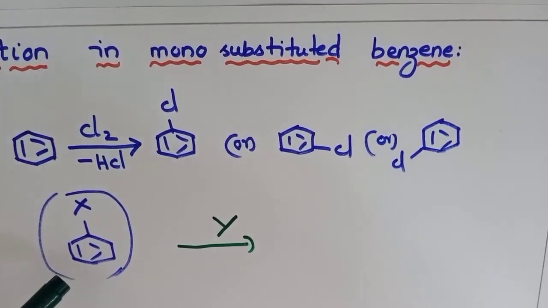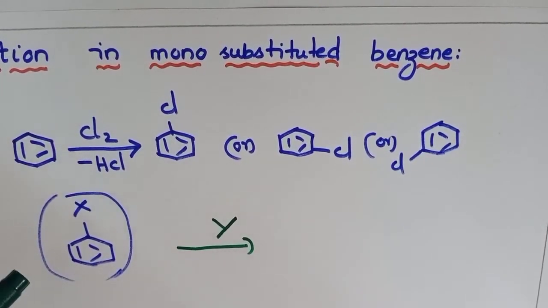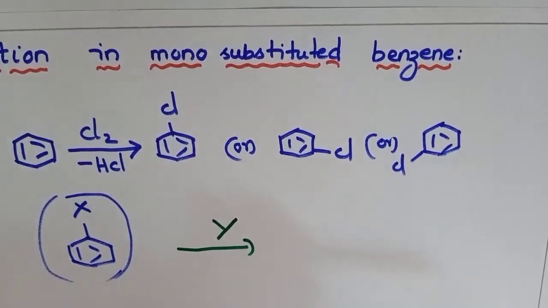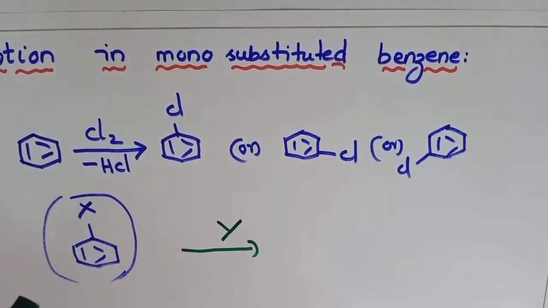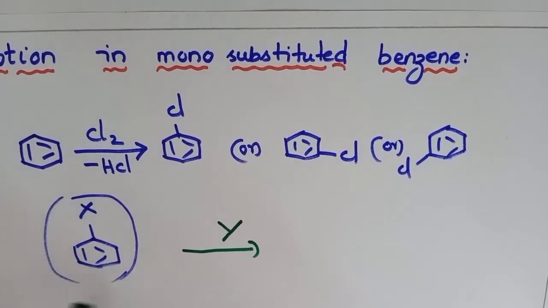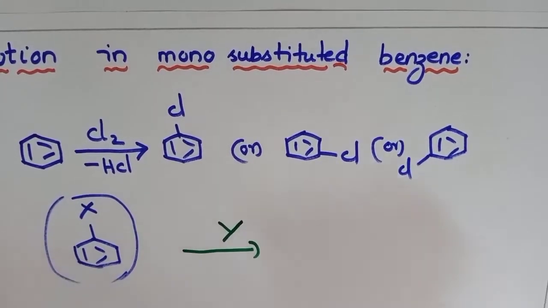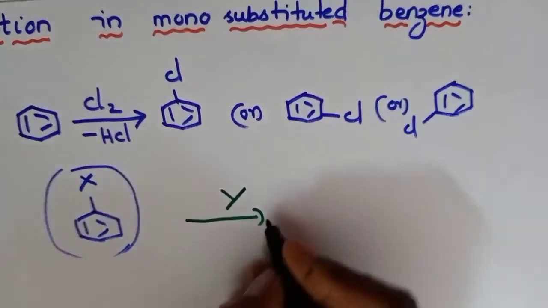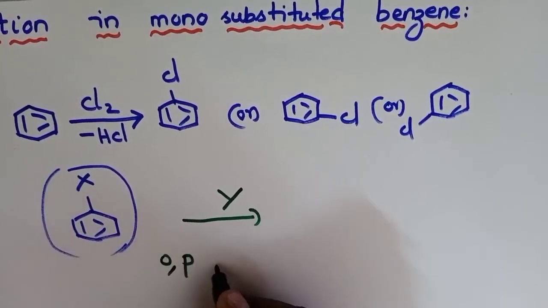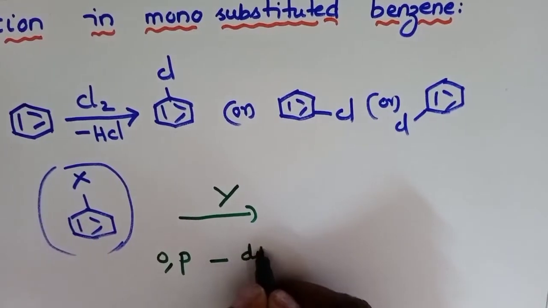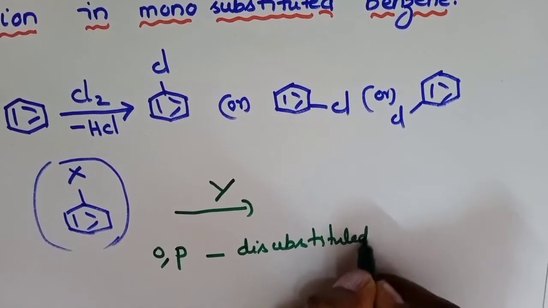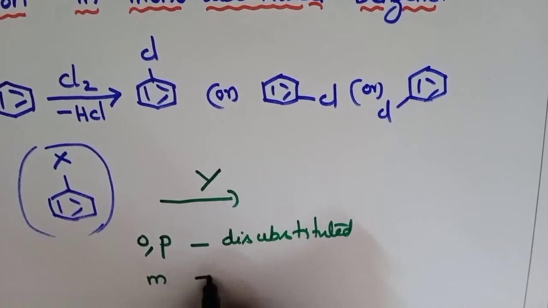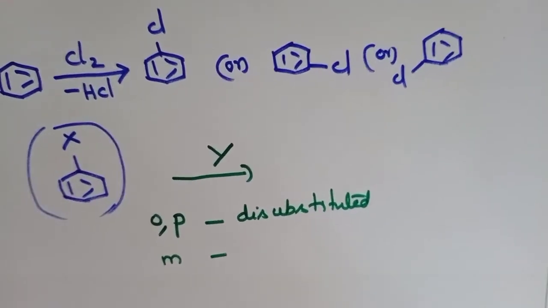Now, to which position should the new group come and get substituted? It was experimentally observed that there can be 2 types of products formed when a new group enters a substituted benzene. One is the ortho-para disubstituted product, and another one is the meta disubstituted product.